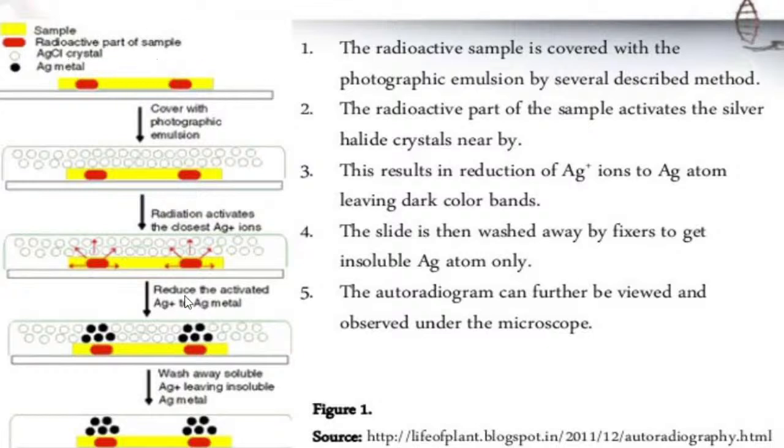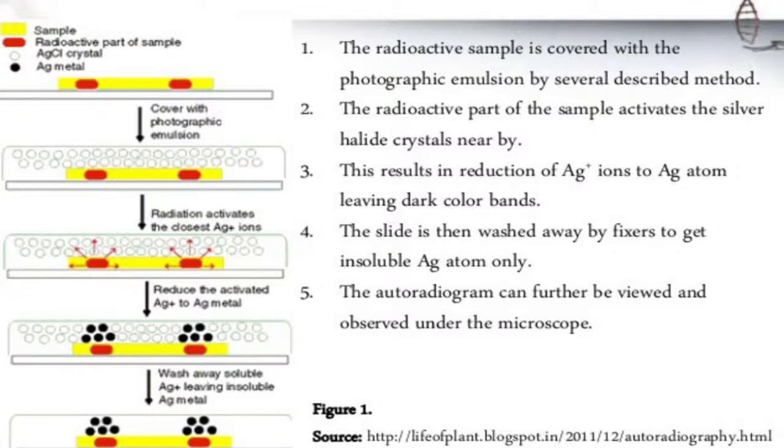These are the steps of activation and identification of the silver molecules. The result is the reduction of silver ions to silver atoms, leaving the dark color bands, and the slides are washed with fixers to leave only the insoluble silver. The resulting radiogram can further be observed under the microscope.